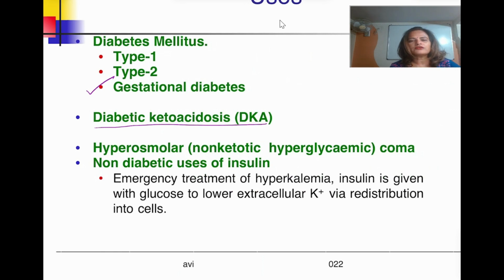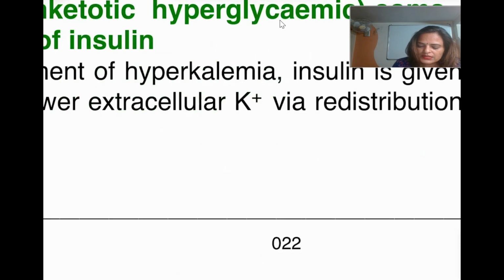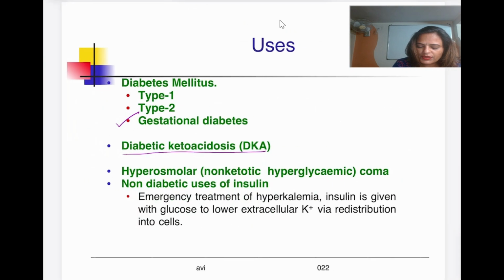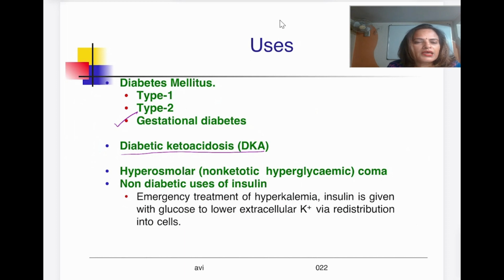This is a complication of diabetes mellitus which is usually seen in type 1. It is seen in type 1, and infrequently we can see it in type 2. So ketoacidosis, so ketone body accumulation will be there. What is the main issue here? Here there is insufficient insulin.